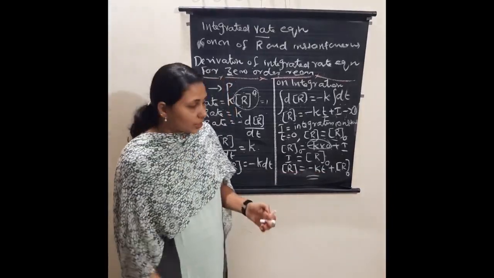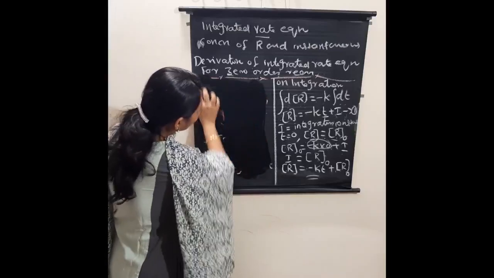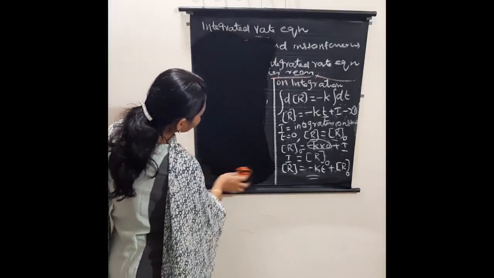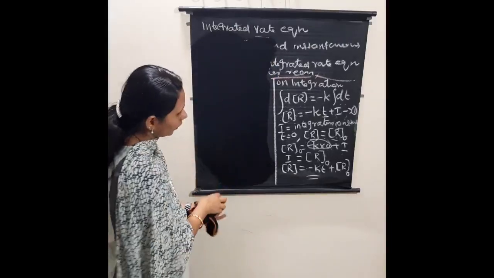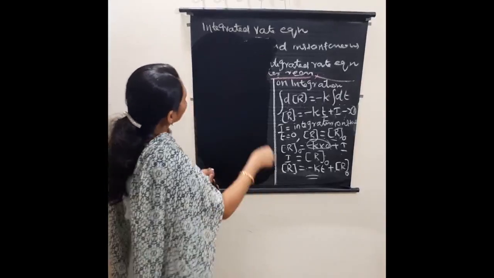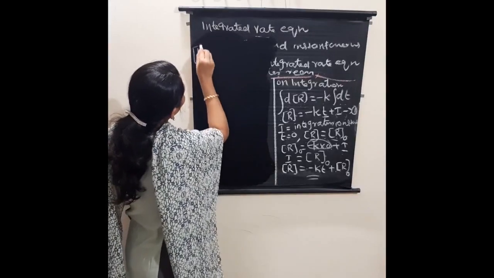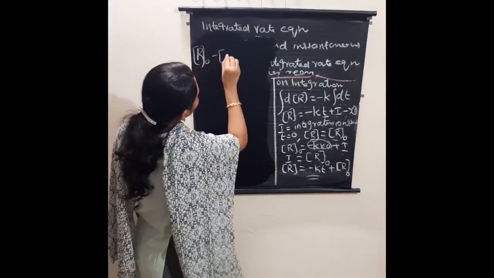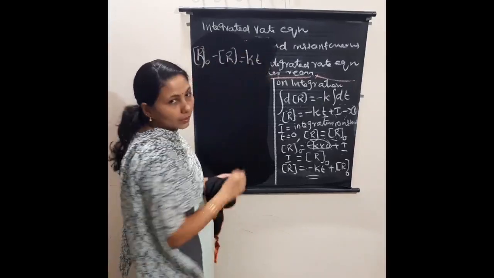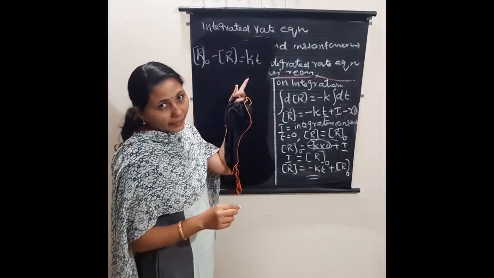We have to arrange this equation. It is not the final equation. What we need, just arrange the equation. We will get concentration of R0 minus concentration of R equal to kt.